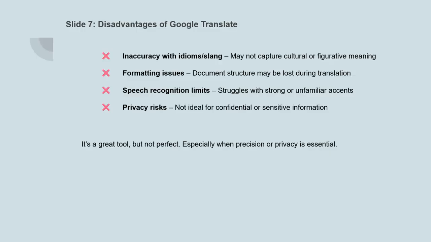Another one is that while translating documents, the original formatting may be lost, which can make the translated version harder to read or use. The speech recognition feature can also struggle with strong accents or unclear pronunciation, leading to incorrect translations.